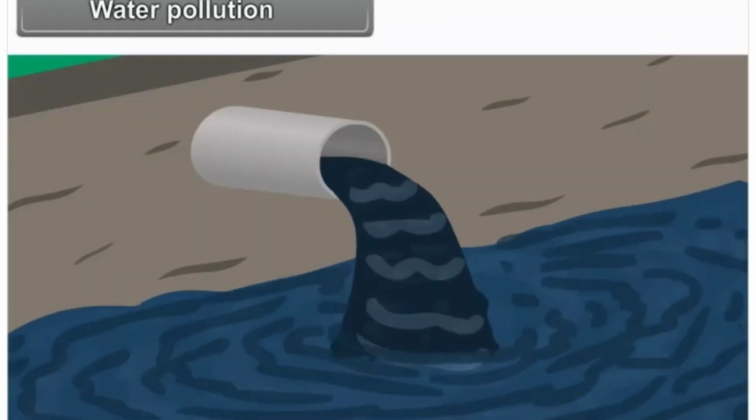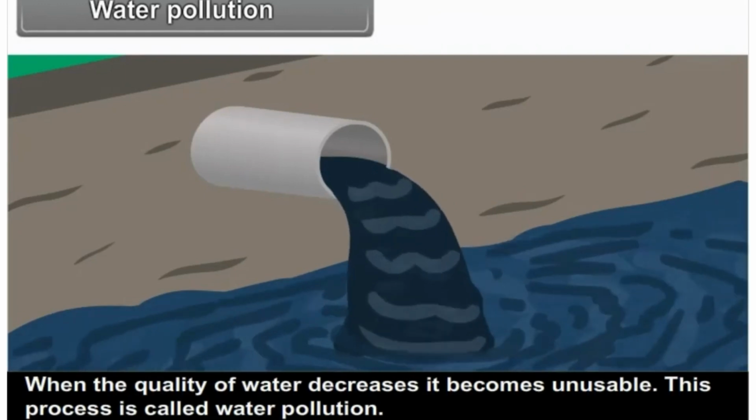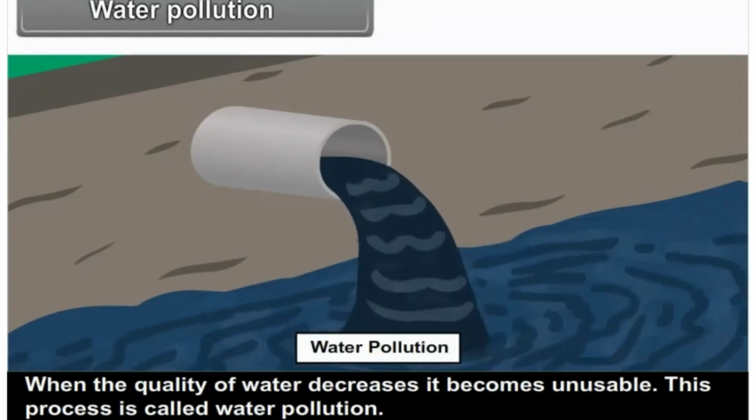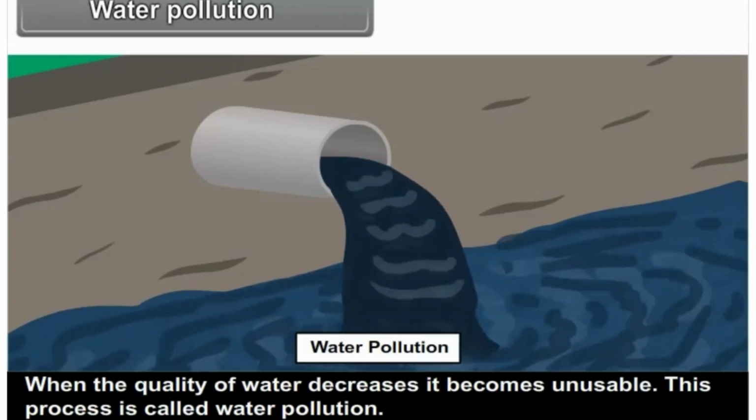Water pollution. When the quality of water decreases, it becomes unusable. This process is called water pollution.